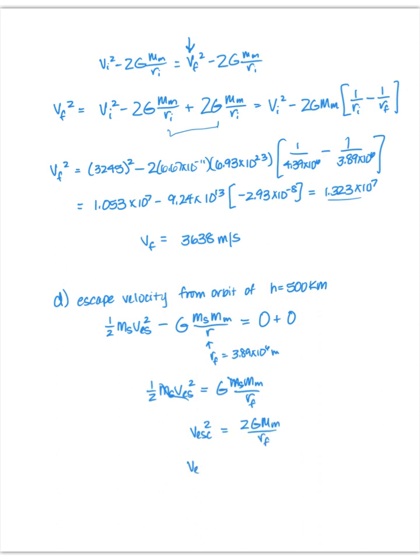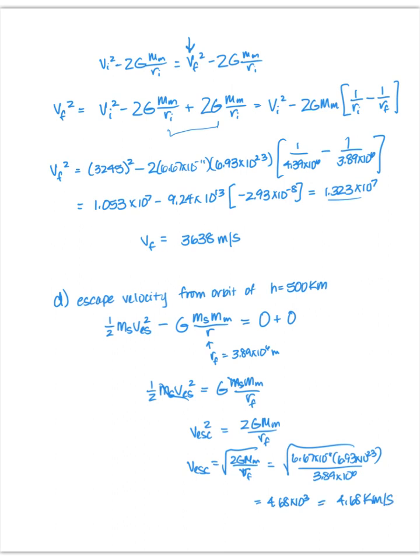And we take the square root to find our value. And when I did that, I found 4.68 times 10 to the third, which is 4.68 kilometers per second.